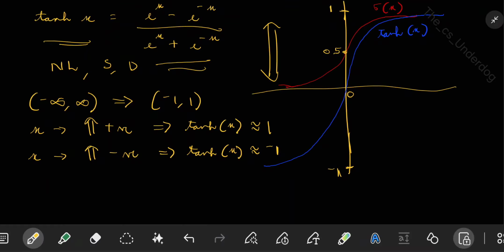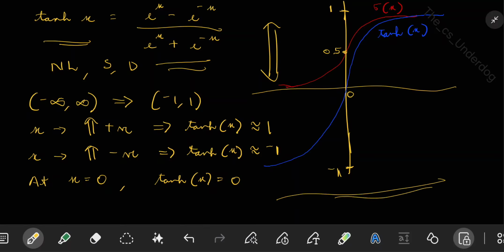Next, what if x is 0? At x equal to 0, your tan h of x will also take the value 0. These things are evident from the graph. If you have the graph in your mind, these things will automatically come to you. You'll automatically remember all these things if you have this graph in your mind.